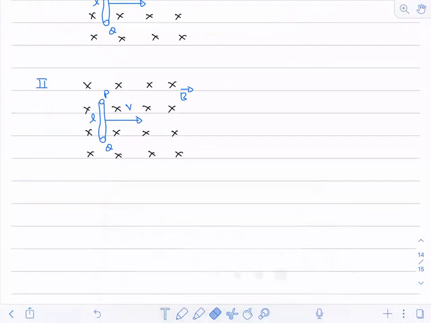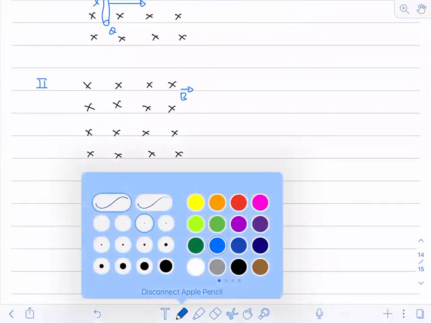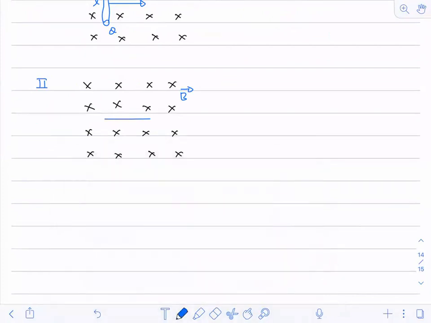But the rod is not like this now. The rod is right now like this, and it is moving like this, with velocity V, length L, and ends P and Q.